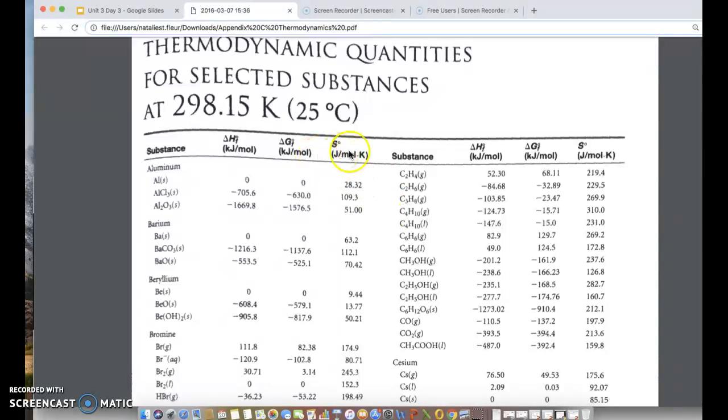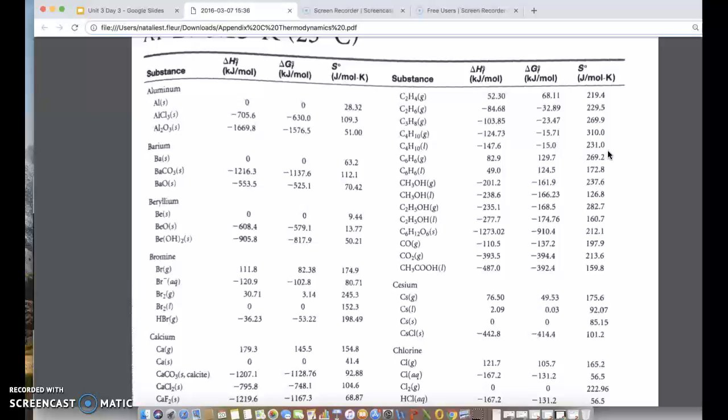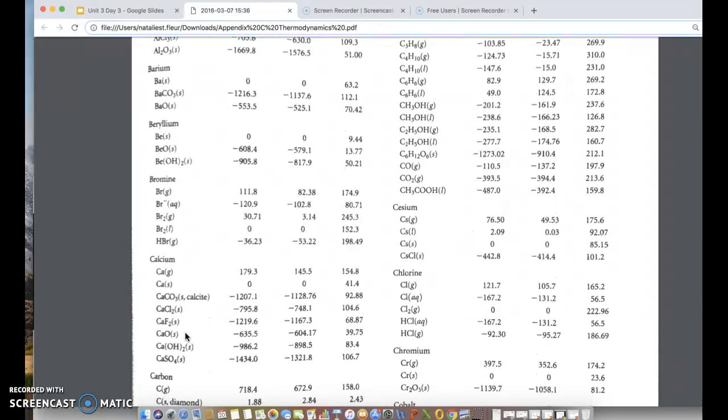Now, there's sort of two sides to it. This side and that side have the same information, just for different substances. You'll notice that the substances are alphabetized, starting with aluminum, barium, beryllium, etc. And if you wanted to find a salt here, like calcium chloride, you would have to look under the cation, so under the metal here, and see if it's there.